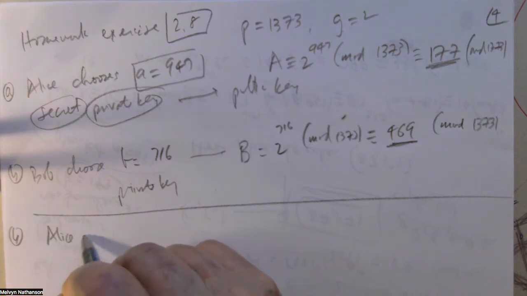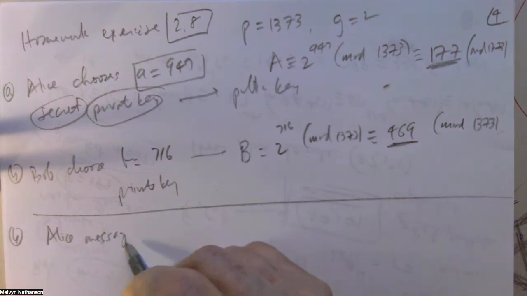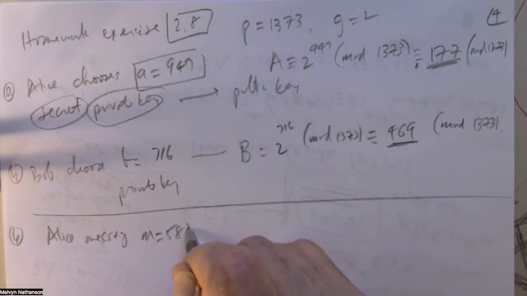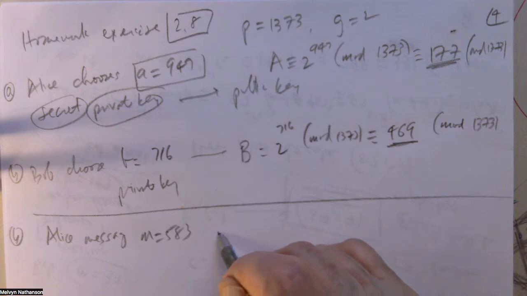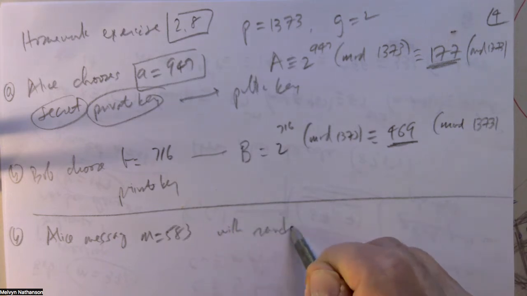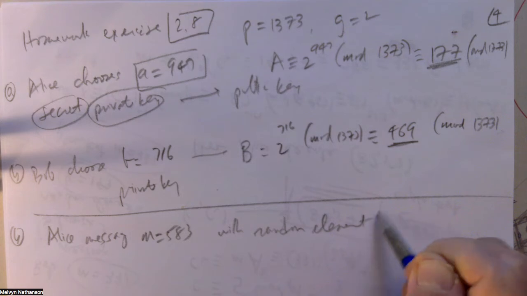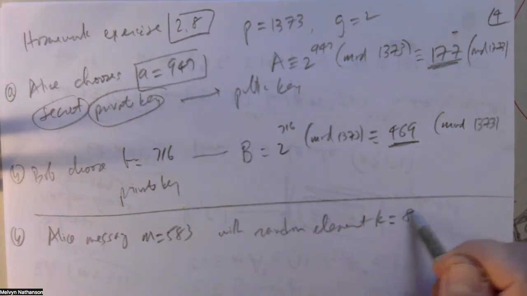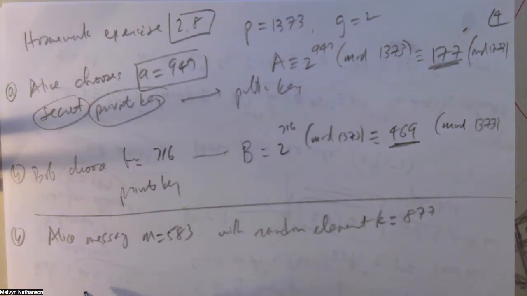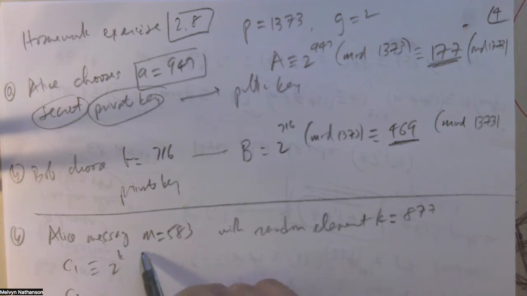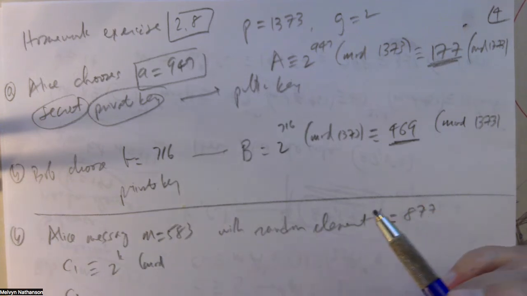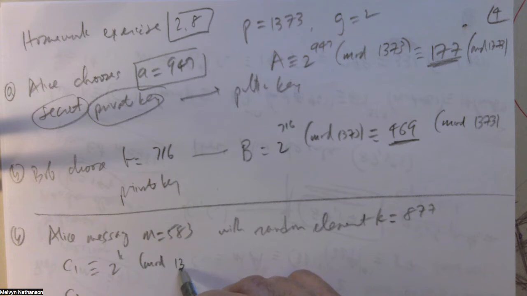Alice has a message that she wants to send. She wants to send the message M equals 583. And she chooses a random element for this message, K equal to 877. So she's going to send two messages, C1 and C2. C1 is 2 to the K mod the prime 1373.